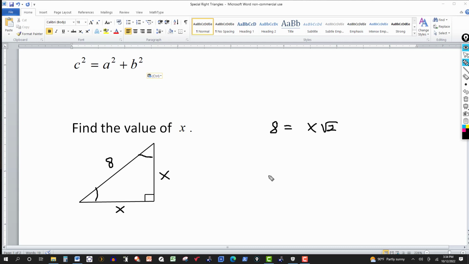Then you can solve that equation for x. So let's divide both sides by the square root of 2. The square root of 2 divides out. So x would equal 8 over the square root of 2.